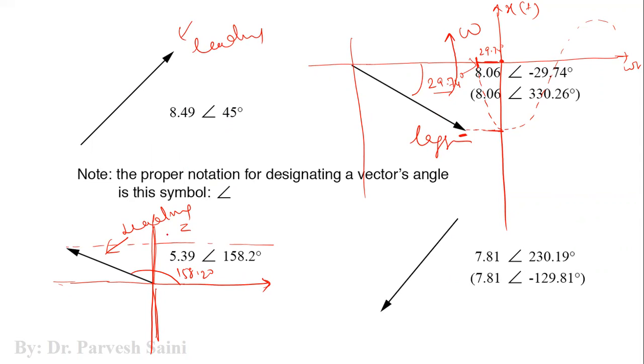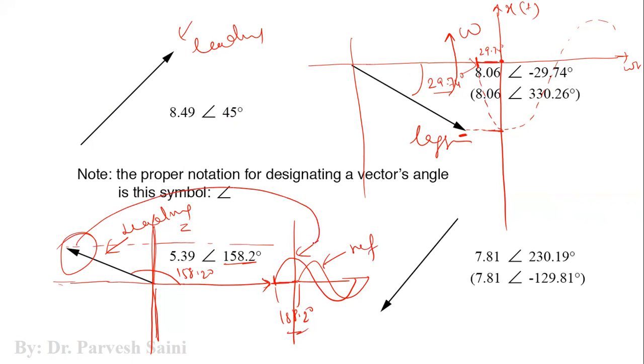It is leading because if your reference phasor is like this, this particular phasor will start from 158.2 degrees ahead. So it will start from here, 158.2 degrees before the reference phasor.